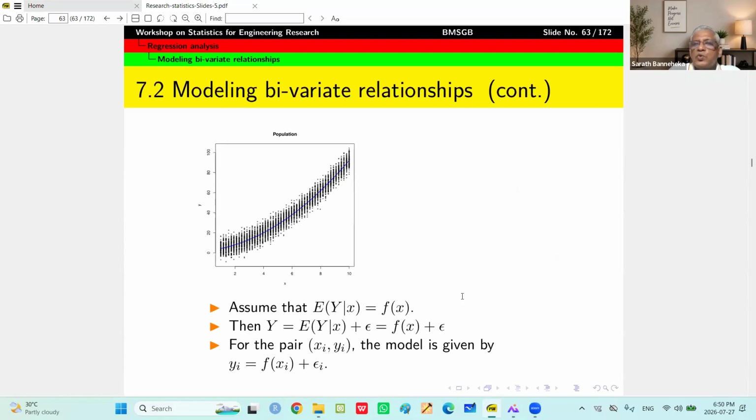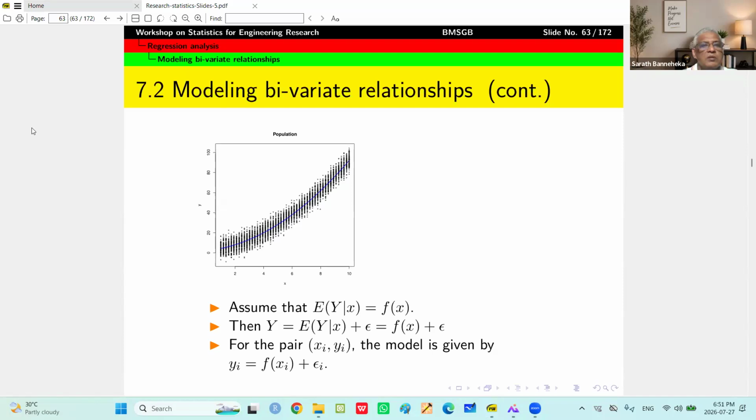Suppose you are considering a certain y variable, and you observe the y value for a fixed x, again and again. If you repeat this experiment with the same x, you might get different values of y. Let me use my pen a little bit.